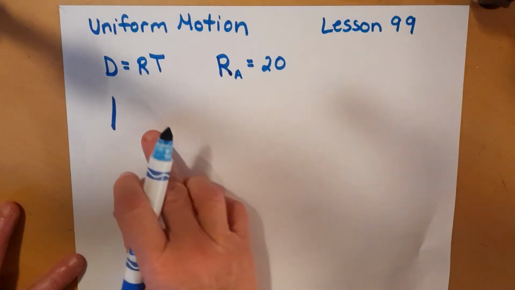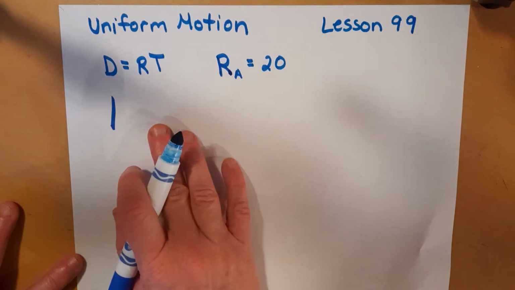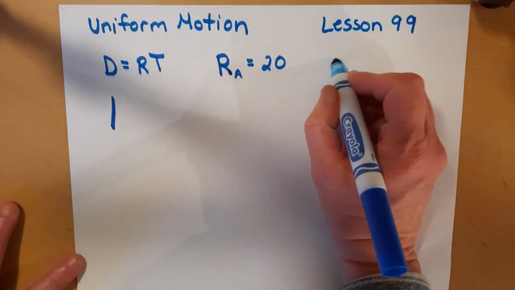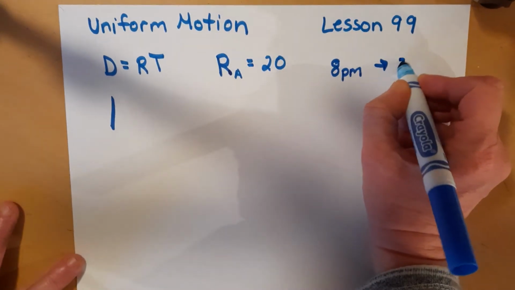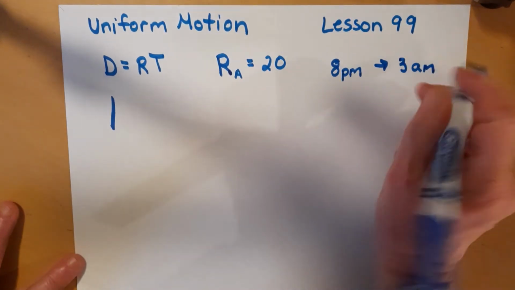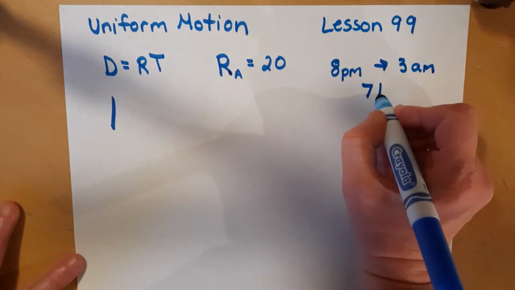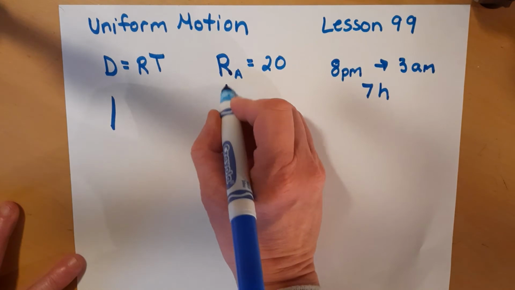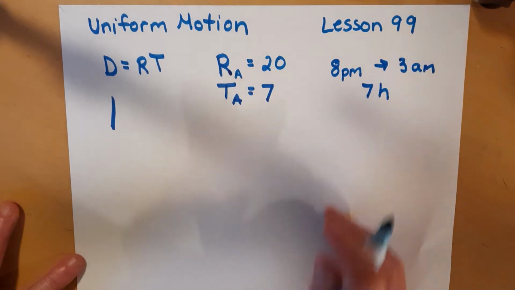That tells us that we can know the time of Achilles because he started at 8 p.m. and ended at 3 a.m. So 8 p.m. to 3 a.m. is 7 hours. And that's the time of Achilles equals 7 hours.